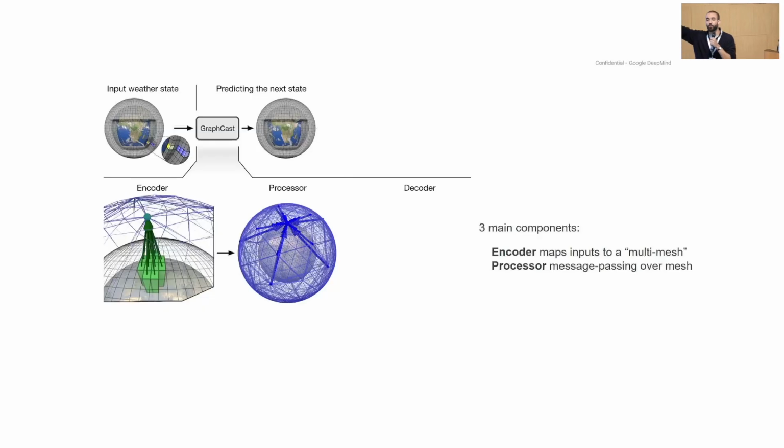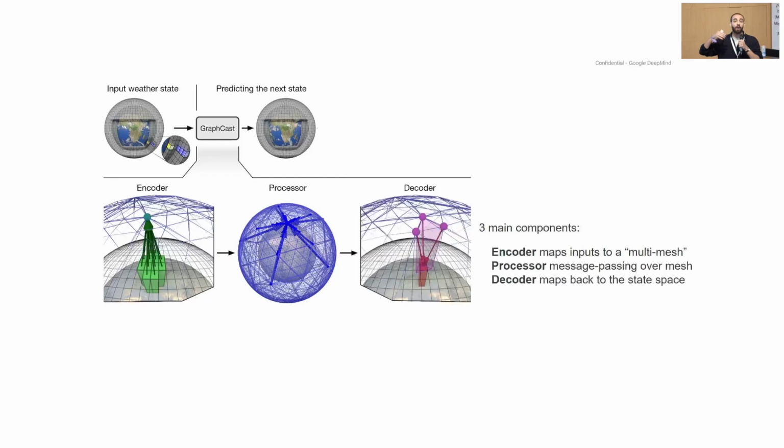So we have a sort of internal latent mesh, which is a sphere that represents our Earth. We have another GNN on this mesh called the processor, and this is the GNN that's actually learning the relationships between elements on the Earth and how the weather interacts between them. And then we have a final GNN called a decoder, which takes us back from our latent mesh to the gridded state that I just showed you earlier.